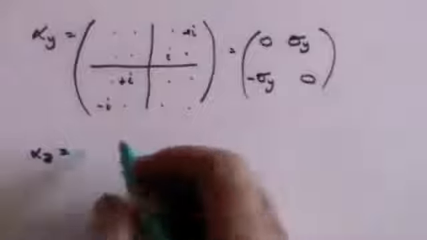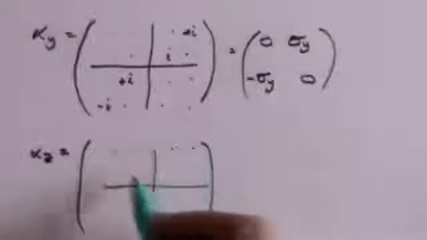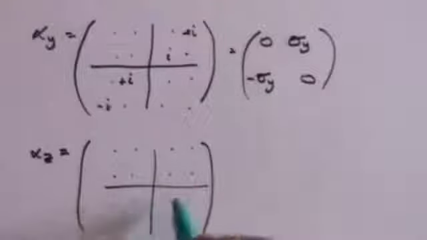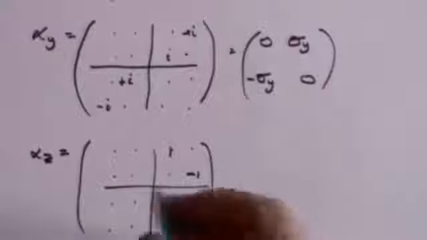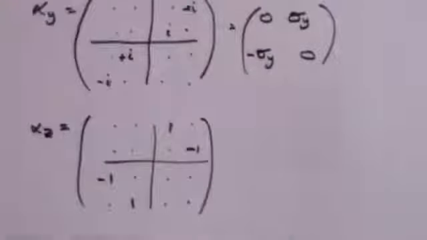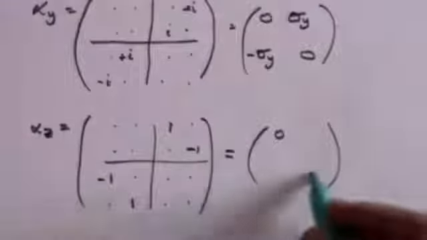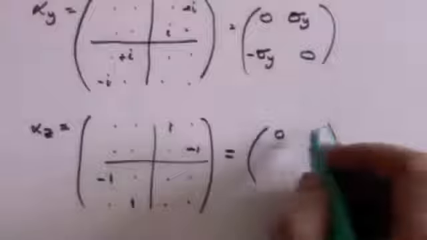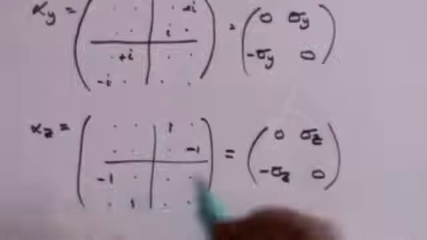The Dirac matrix, 4 by 4. And alpha z is going to be 1, minus 1, minus 1, plus 1. And that, if you represent it in the same form as before, top left-hand corner 0, top right-hand corner 0, this is now sigma z, and this is minus sigma z.